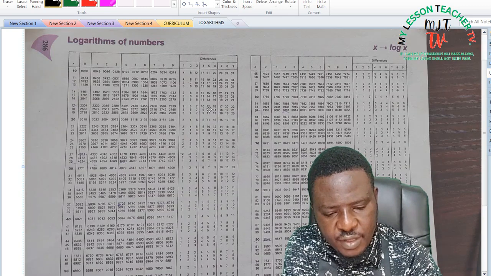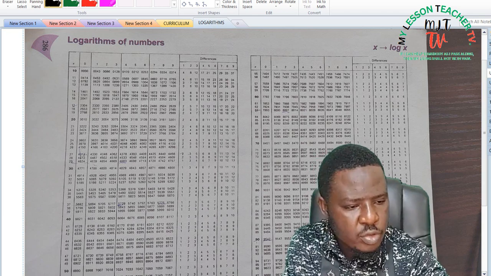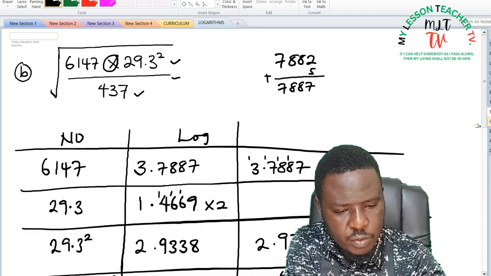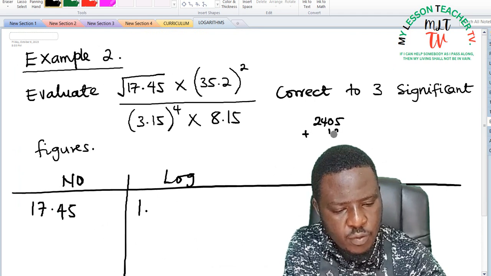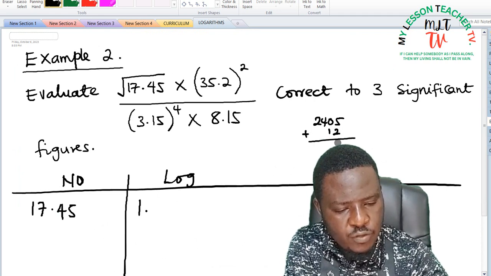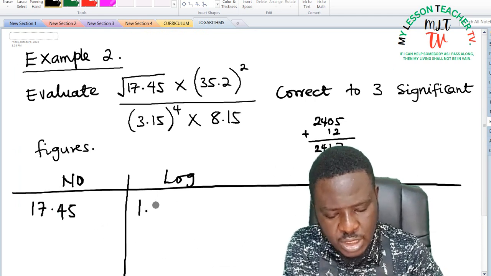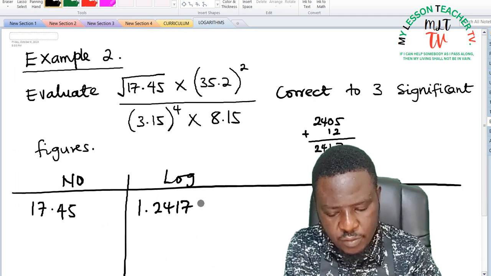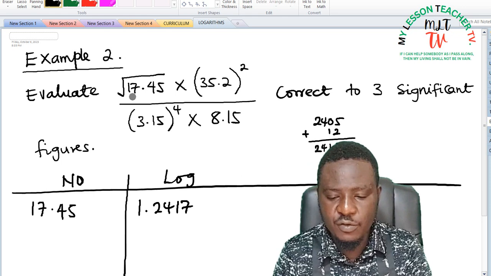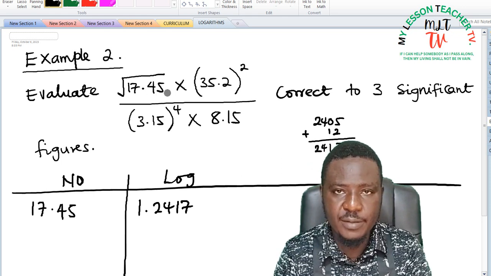Difference 5 is said to be 12. So I'm going to add 12. This is plus 12. This will give me 7142. So this is equivalent to 1.2417. I have gotten the value of 17.45 in logarithm.